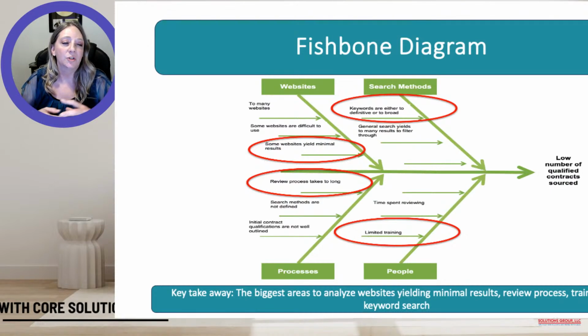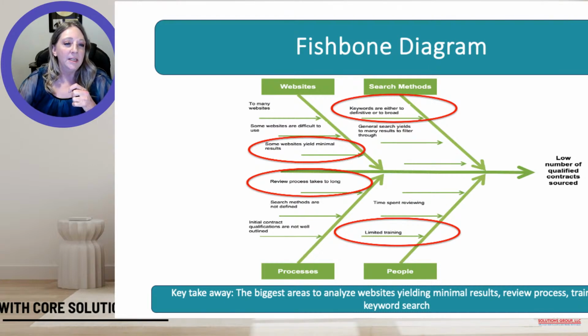The ones that I've circled here are the main causes. That helped drill down and find the actual root cause, and gave me more information on where I can look and how I can fix this. Now that I know what the root cause is, I can start finding solutions.